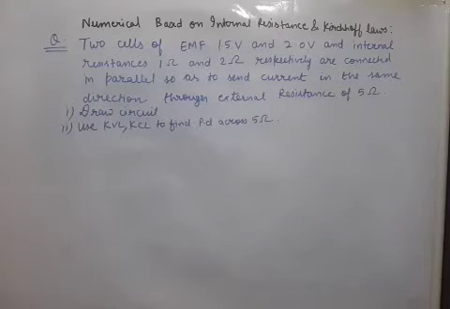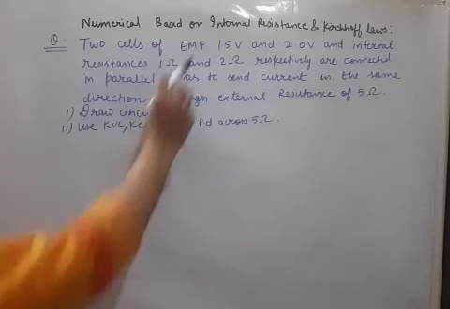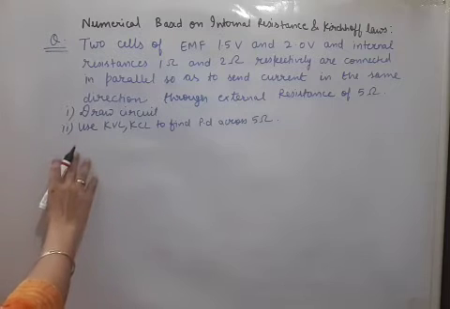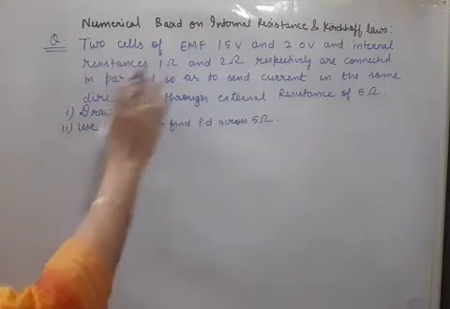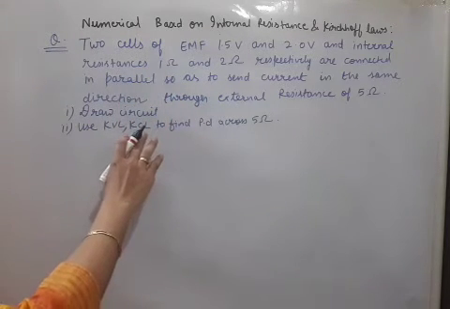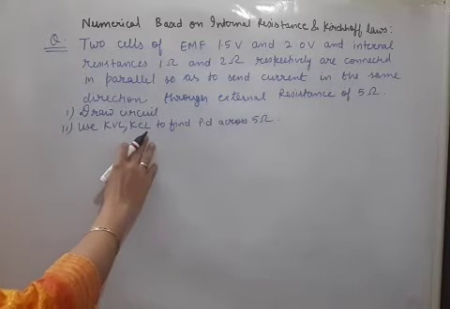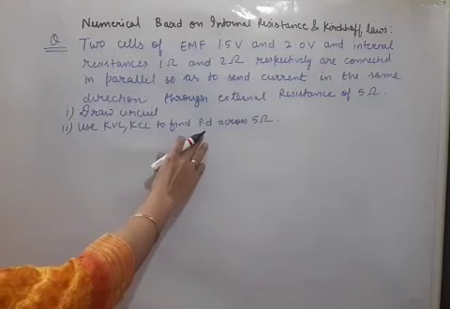Hello students, here we have a numerical based on internal resistance and Kirchhoff laws together. We are given a situation for drawing the circuit diagram and then we have to apply KVL and KCL to find the unknowns.